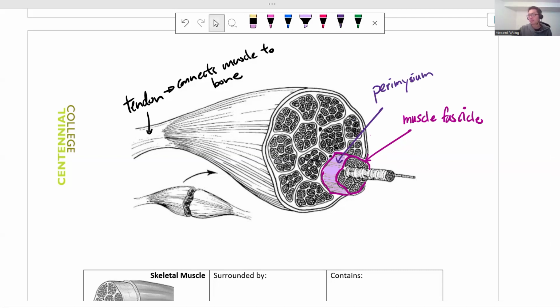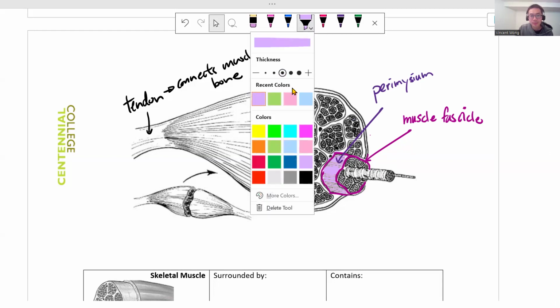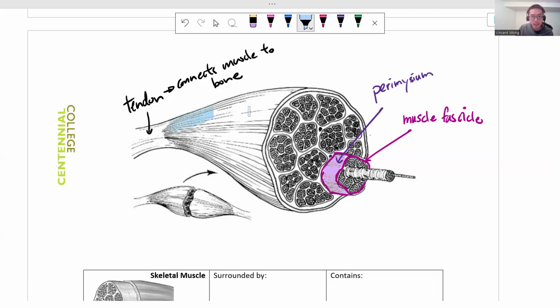All right. Now, what about this thing right here? This whole thing. What is that? Epimysium. That is the epimysium. Yes, very good.